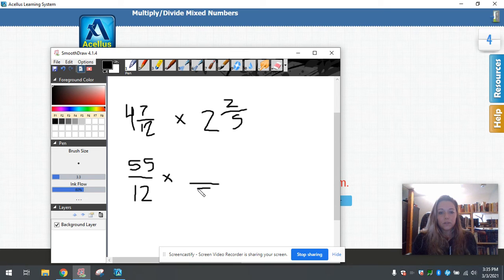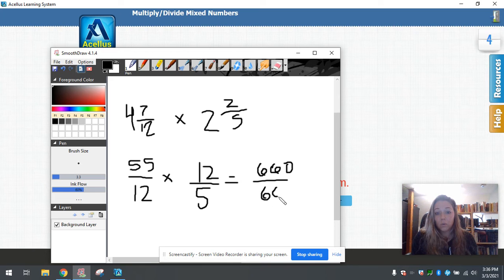Turn 2 and 2/5 into an improper fraction. I go 5 times 2 is 10, plus 2 is 12. I multiply straight across. 12 times 55, 550. Nope, I'm not doing it. I'm using the calculator. 55 times 12 is 660. Then I do 12 times 5, and I just get 60.